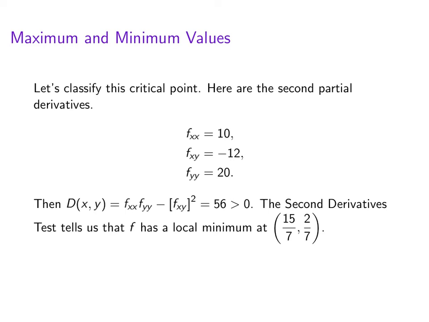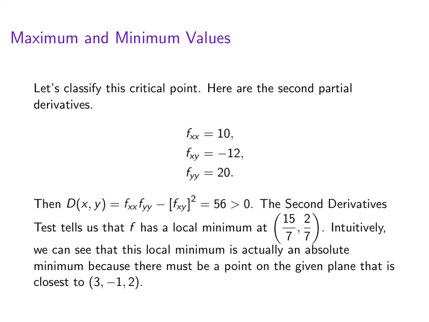And since fxx is also positive, the second derivatives test tells us that f has a local minimum at (15/7, 2/7). Intuitively, we also know that this local minimum is actually an absolute minimum because there must be a point on the plane that is closest to (3, -1, 2).